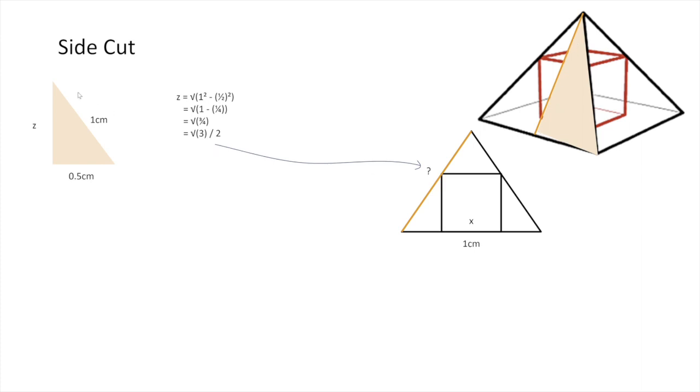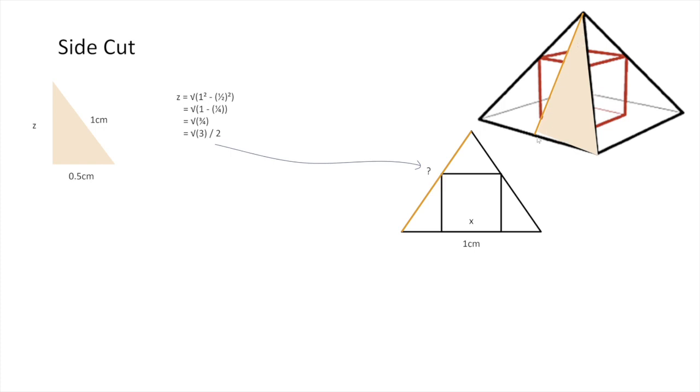So, we can draw out this right angle triangle and put values to it. This diagonal here is going to be the same as the side of the square pyramid, which is equal to 1 centimeter. The base is going to be equal to half of the length of the base of the square pyramid, which is 1 over 2, or 0.5 centimeters.